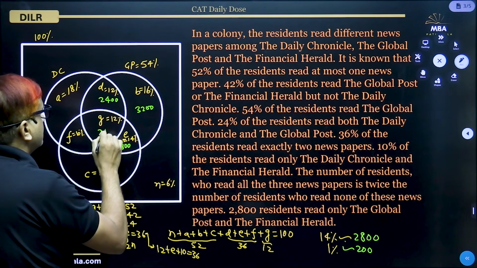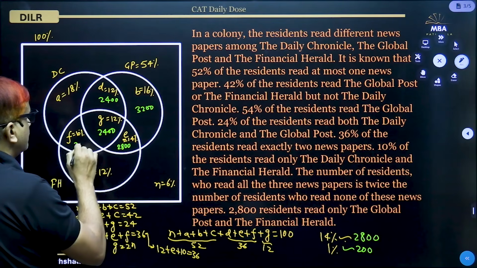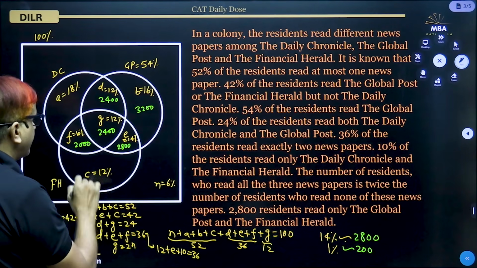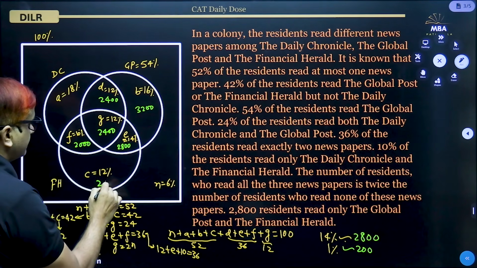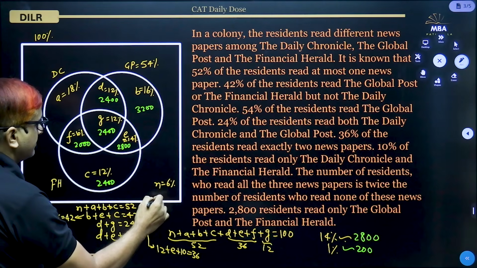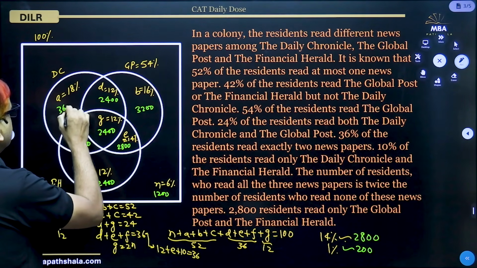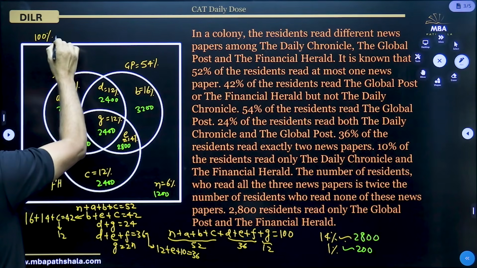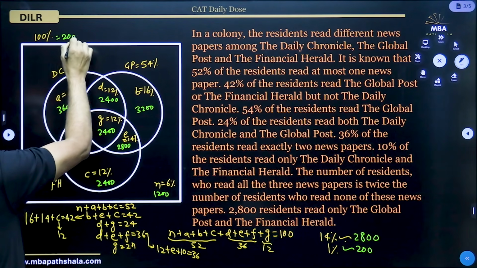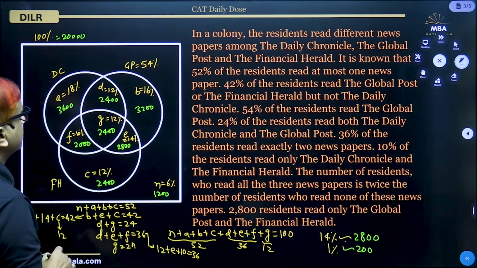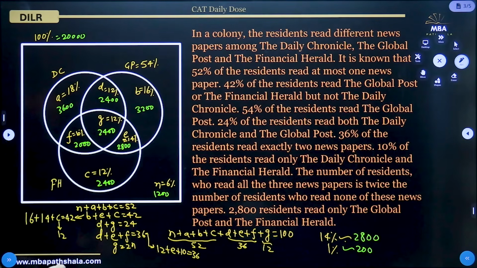This is also 2400. This is 2000. Everything will be multiplied by 200. This will be 2400. This will be 1200. This will be 3600. This 100%, that will be 20,000. Okay, so every value is calculated. Let us jump to the questions.